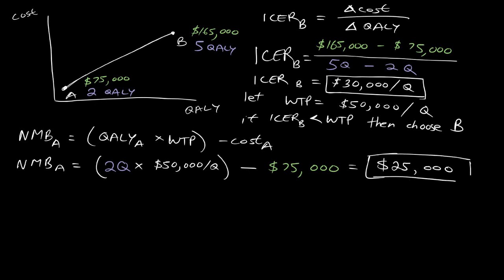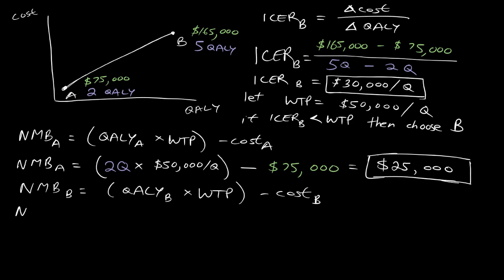And then we'll do the same thing for drug B. What's the net monetary benefit of drug B? That's going to be the quality adjusted life years associated with drug B, quality subscript B, times willingness to pay, WTP, minus cost subscript B. Remember, the qualities will just cancel, and the units will be dollars minus dollars, ending up in the net monetary benefit of drug B. You can see in the graph that drug B has 5 qualities, 5 Qs, associated with it.